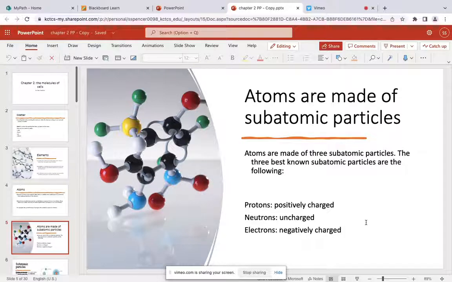Neutrons neutral, so that means they're uncharged. And again, it's important to know that protons and neutrons are located within the nucleus of the cell. That's very testable. And electrons are negatively charged, and those exist in the outer orbital. They kind of orbit around the atom.